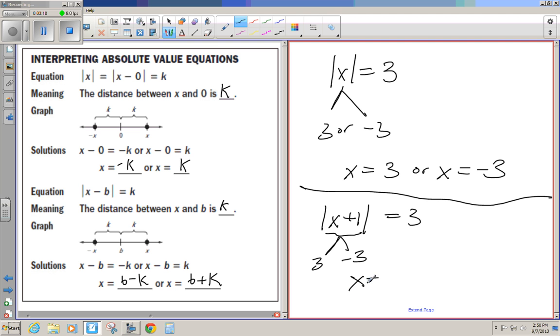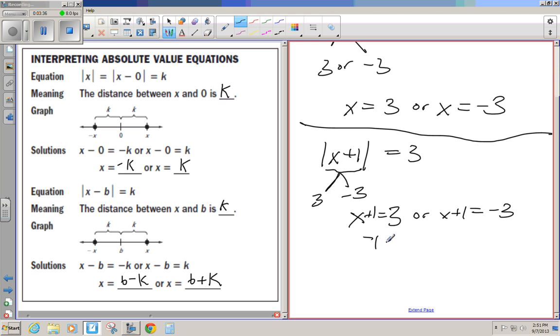So you'd write out two equations. x plus 1 equals 3, or x plus 1 equals negative 3. And then you go ahead and solve by subtracting 1 from both sides. x is 2, or x is negative 4.